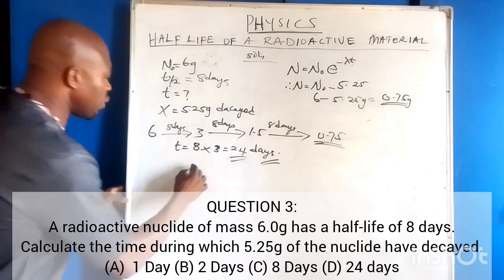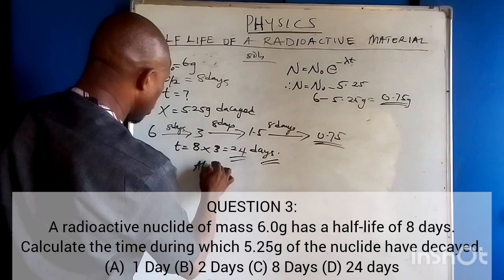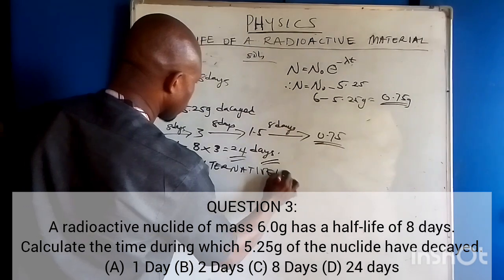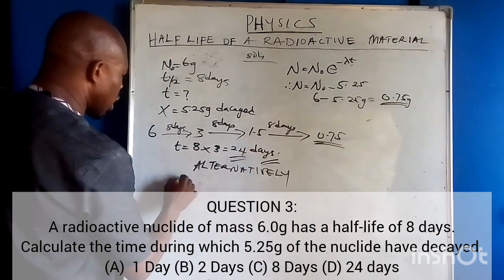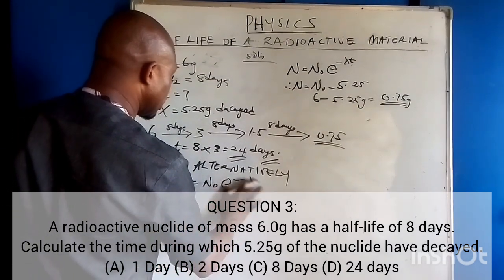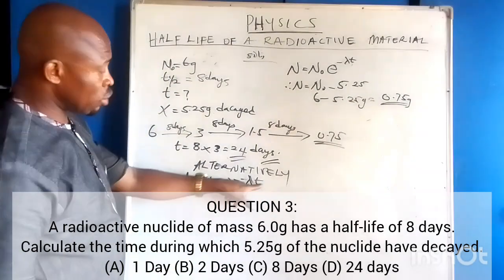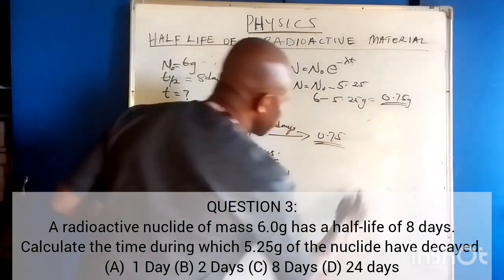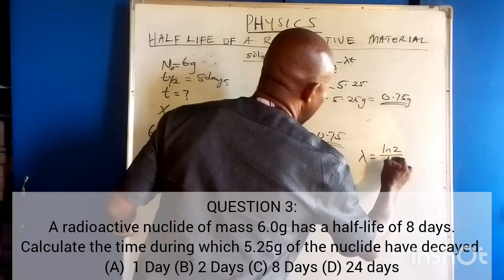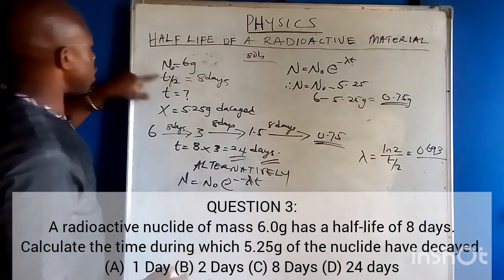Now we can solve it using this equation. Alternatively, if we use this equation, N is equal to N naught exponent minus lambda T, we are going to find lambda first. After that, we'll come here. For us to get lambda, it is the natural logarithm of 2 all over the half-life, and the half-life there is 8.